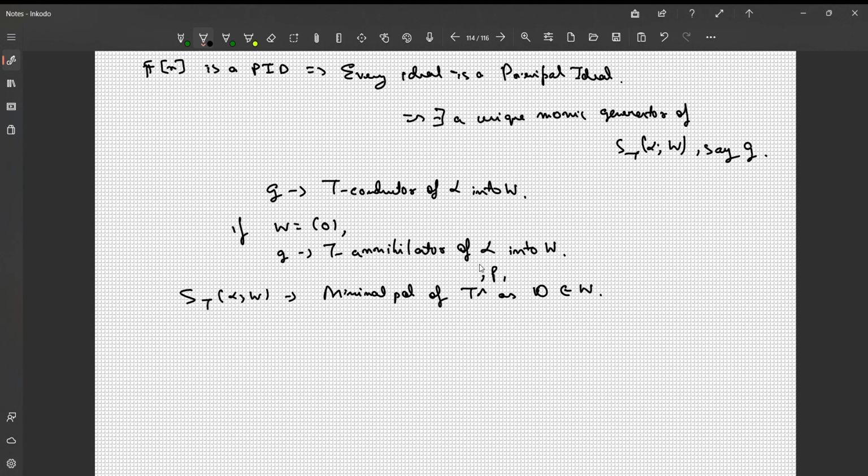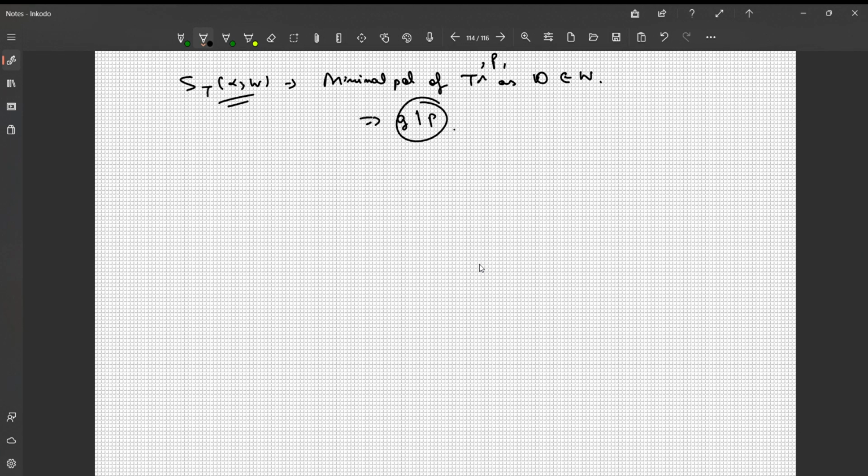So if the minimal polynomial of T is, say, P, and G, the T-conductor, generates this ideal, then G must divide P. That is, the T-conductor of some element alpha into W must divide the minimal polynomial of that linear operator T. Is it clear? These were certain things which we had discussed in the previous lecture.